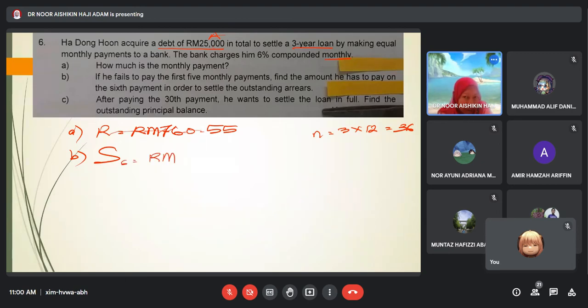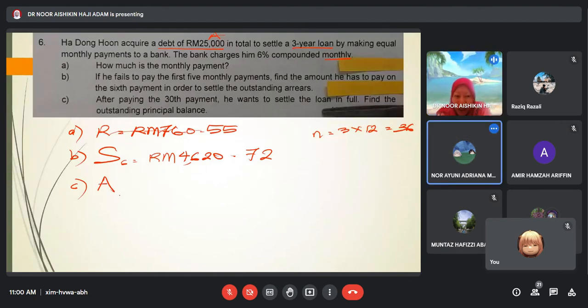What is S6? RM4,620.72. Then you nak cari apa? Cari A. A6.